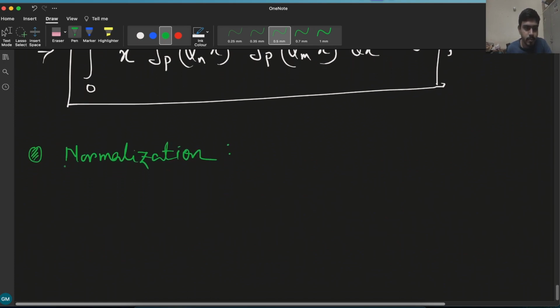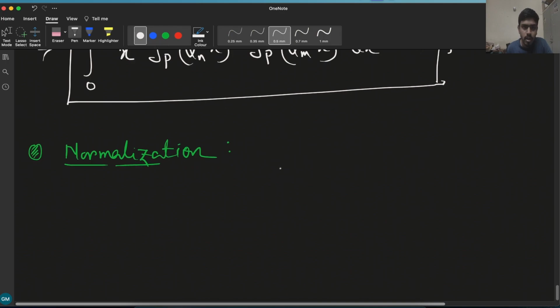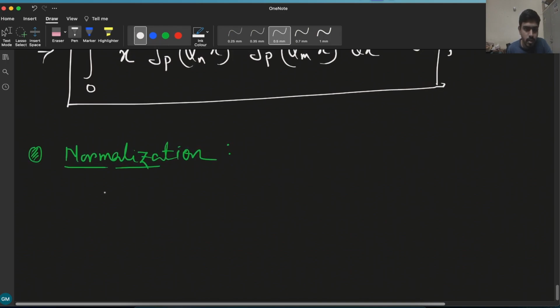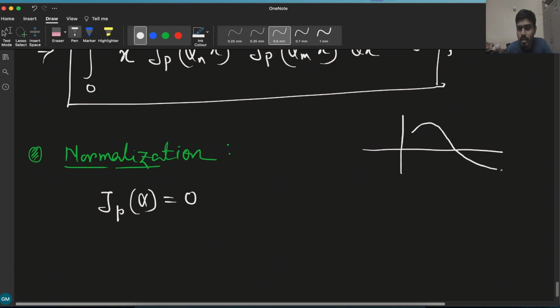Normalization. Here I will assume that we take a 0 of the Bessel function, that is alpha. So in that case, Jp of alpha equals to 0. So alpha is a 0 of the Bessel function. For example, let's say this is a Bessel function, so this is the x axis, and let's say this is the Jp x.